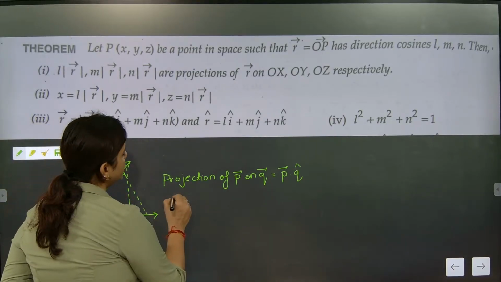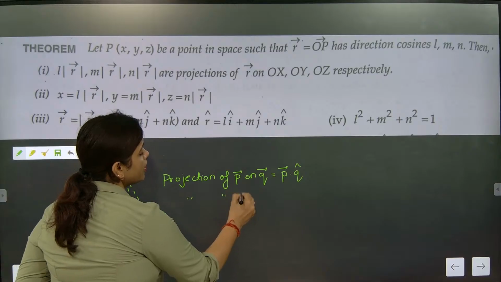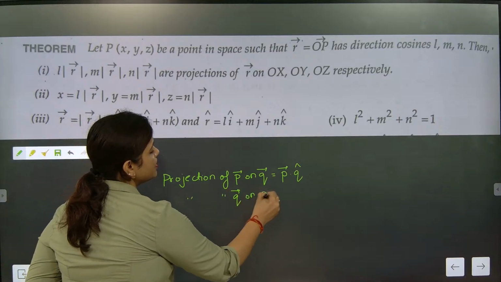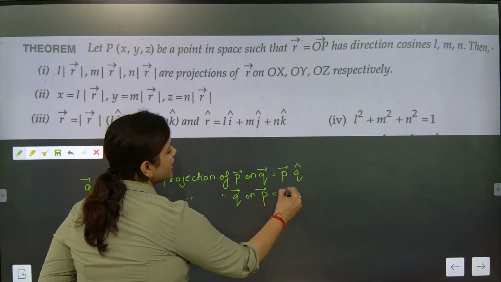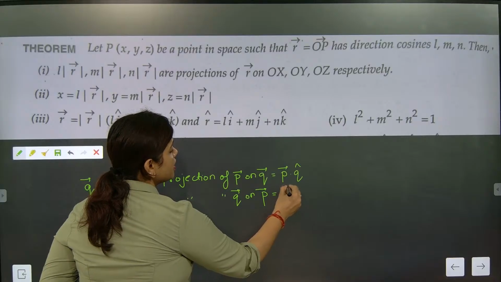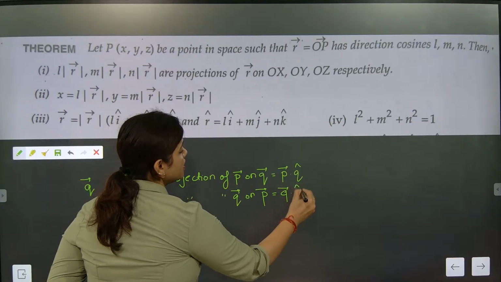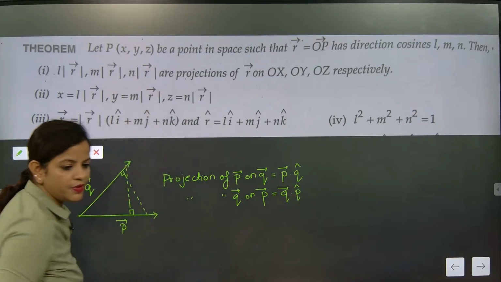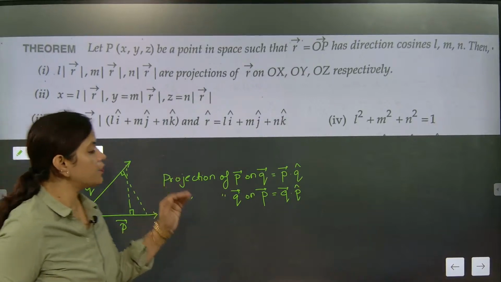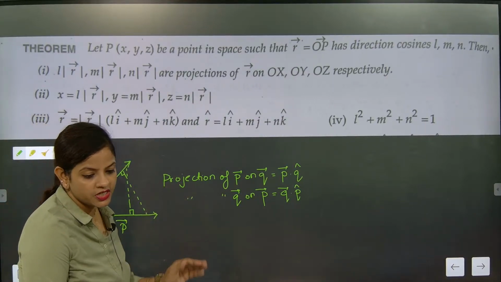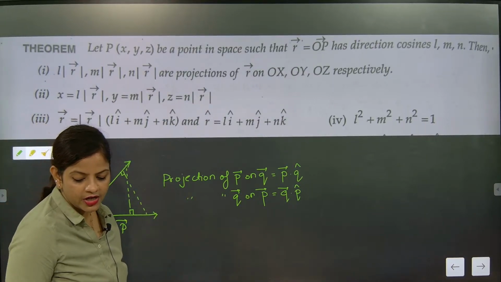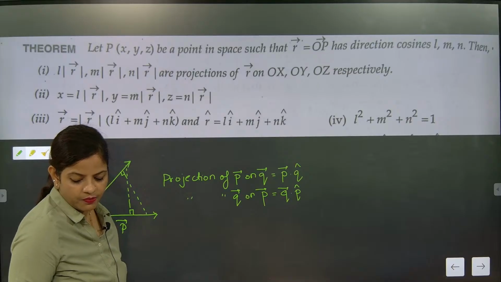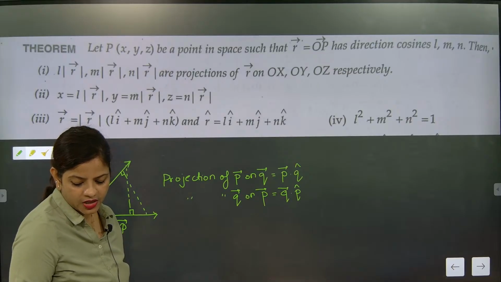Understood, Sanjana? Good evening. So the projection of Q vector on P vector is written as Q vector dot P unit vector. Note it down please. So this is exactly projection: P vector on Q, or Q vector on P.